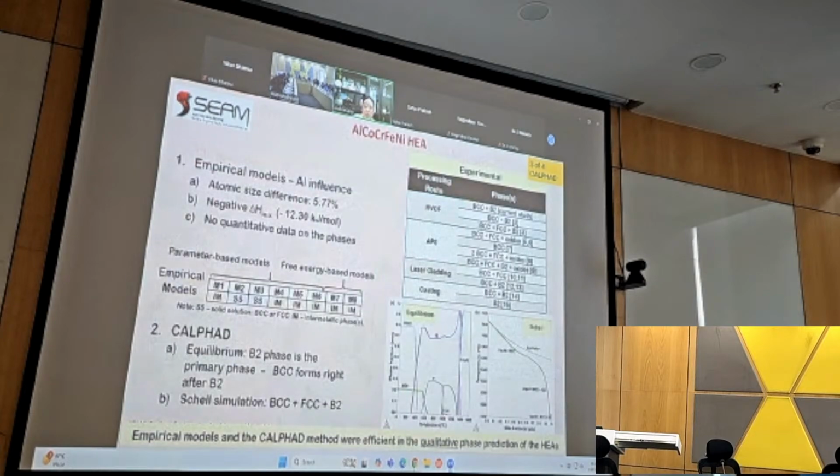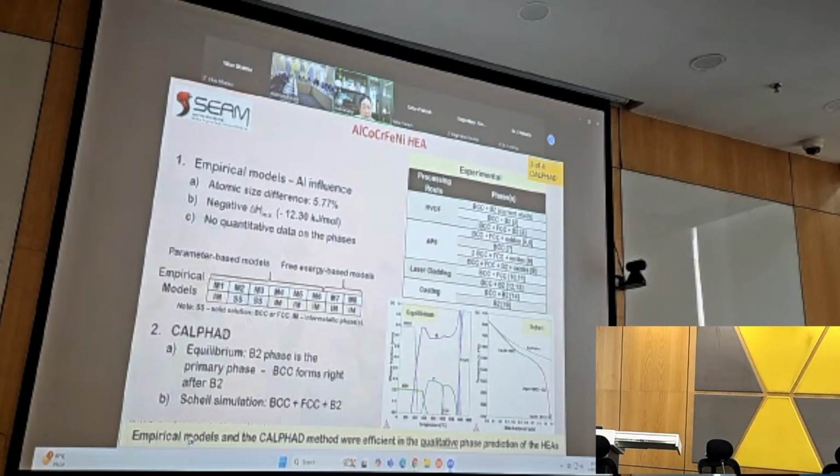So we asked one of our PhD students to make all the empirical calculations, and you can see that from the empirical calculations, he is able to predict whether it is intermetallic formation or solid solution. From the various models that he chose, he can make some of these predictions. But that seems to be not enough.